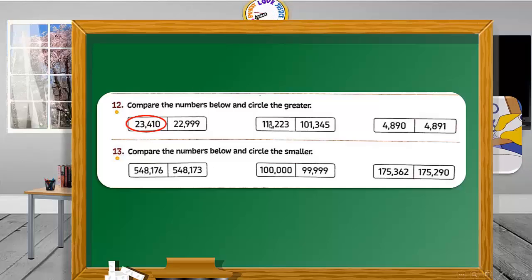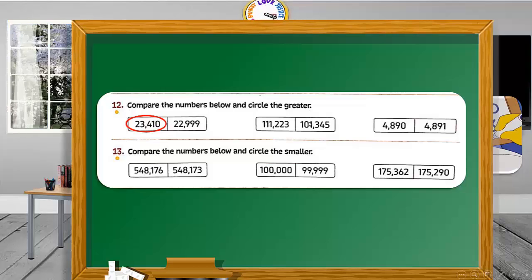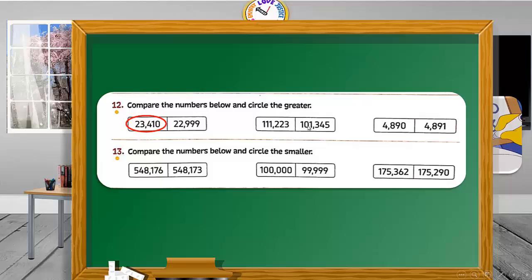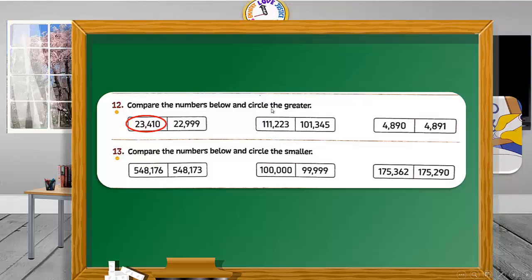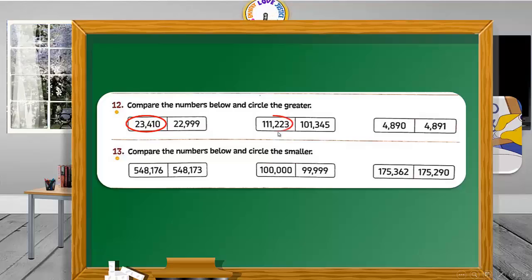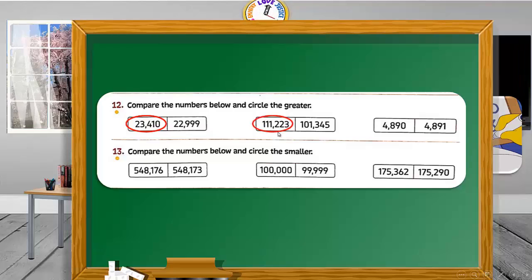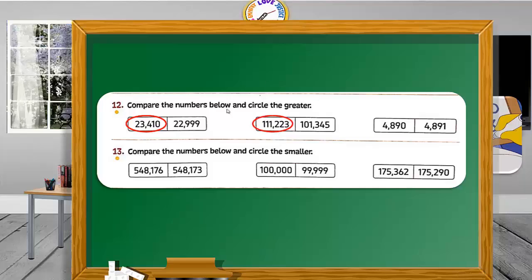You should go to the next place. In the next place we have 1, and in the next place in the second number we have 0. 1 is more than 0, so the biggest number is 111,223.